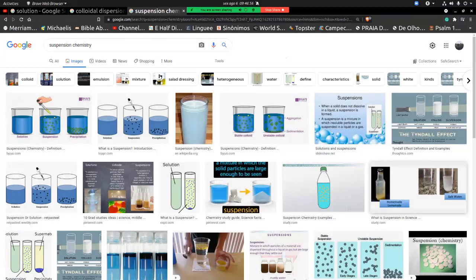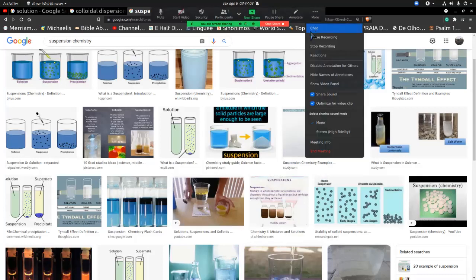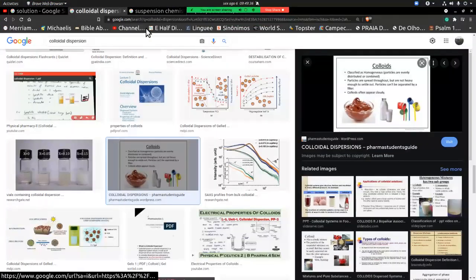Here we can see the solution is mostly transparent, so the light can go through without scattering. We also have the colloidal suspension, the colloids, which are like solid and liquid.